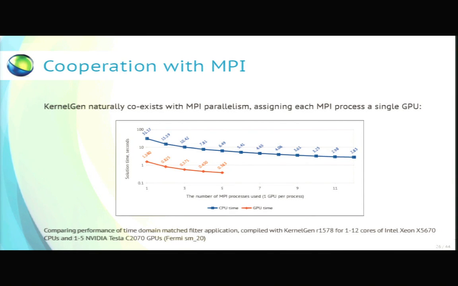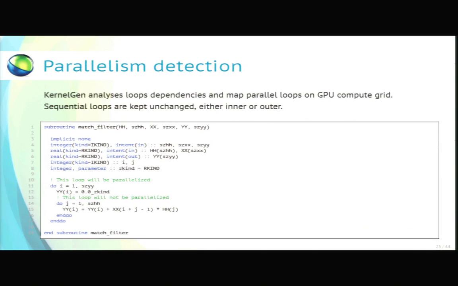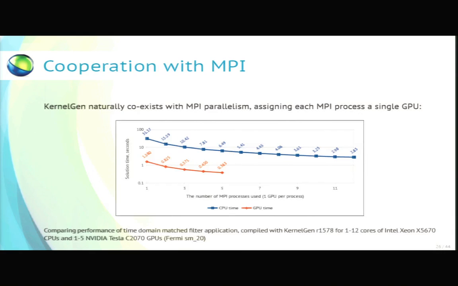The program here is the test program, a matched filter application, which is just MPI parallelized. Seamlessly, KernelGen allows converting a CPU node into a GPU node, and an additional level of parallelism will be added by the compiler by means of parallelization of loops inside the MPI program.